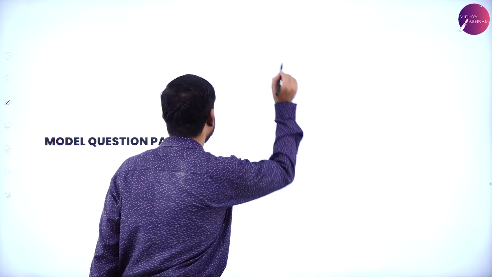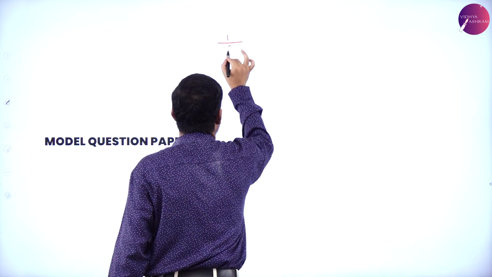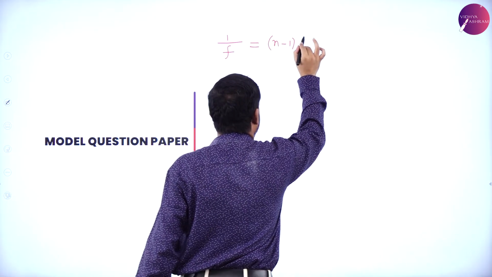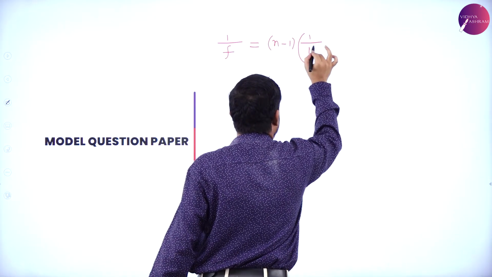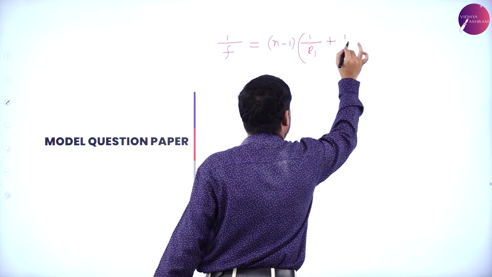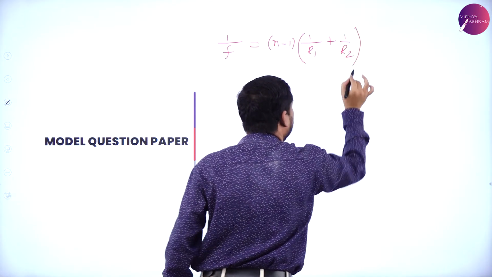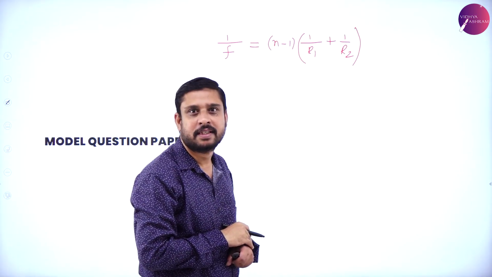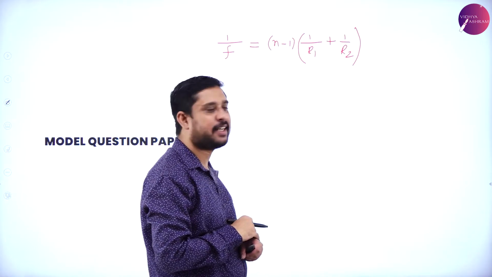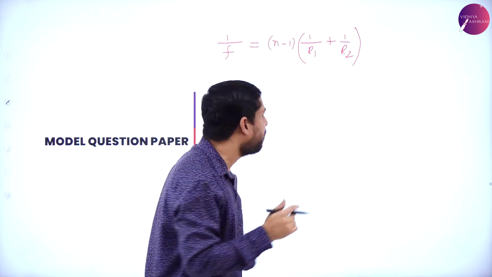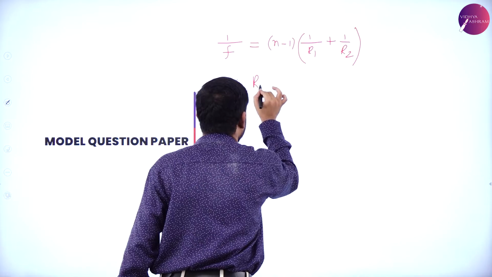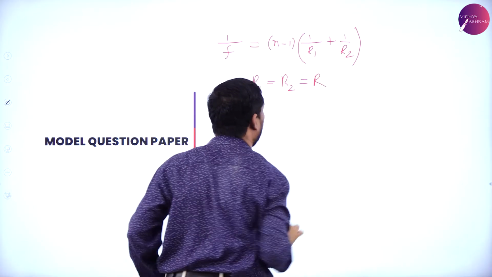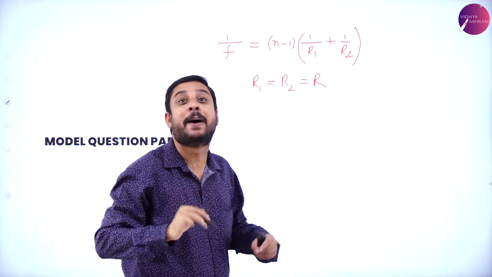What did Lensmaker's formula say? 1 by f is n minus 1, 1 by R1 plus 1 by R2. So what is that I have to calculate? Radius of curvature. Since it is a biconvex lens, R1 equals R2, which is equal to R, biconvex.